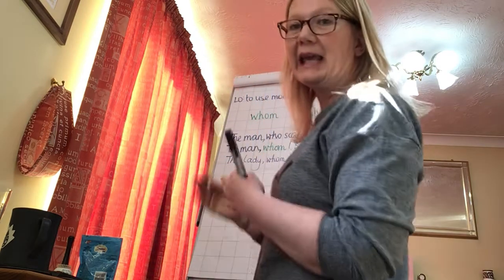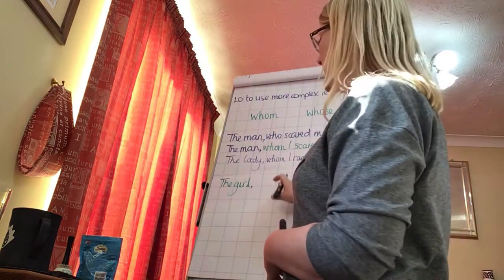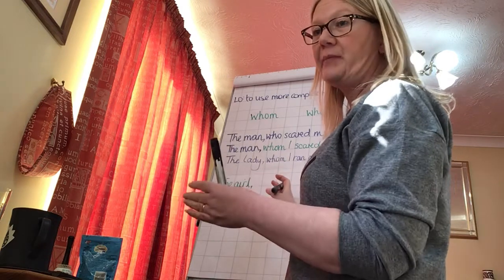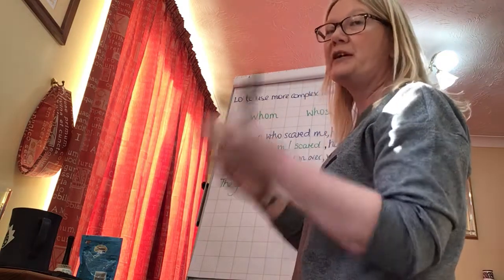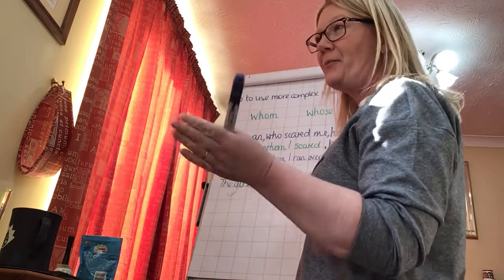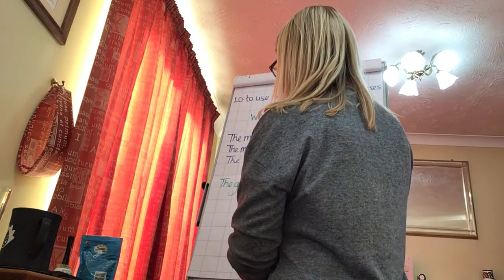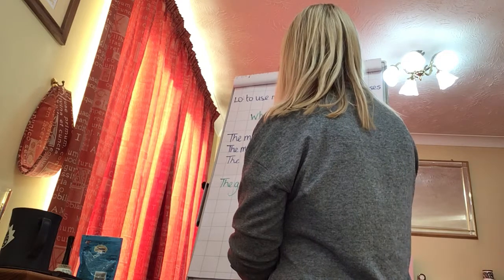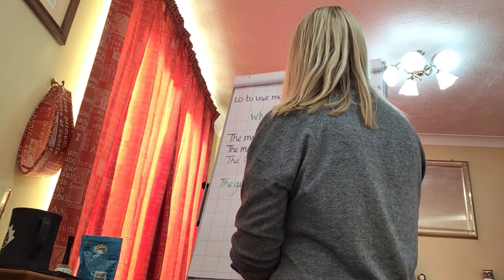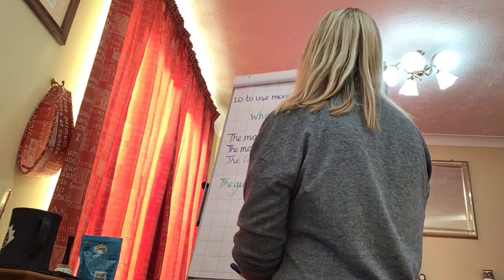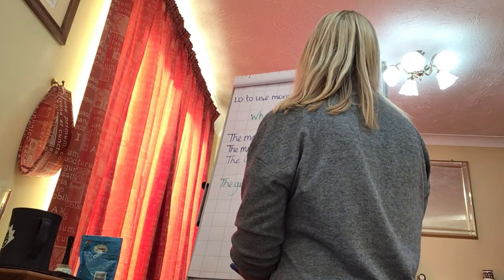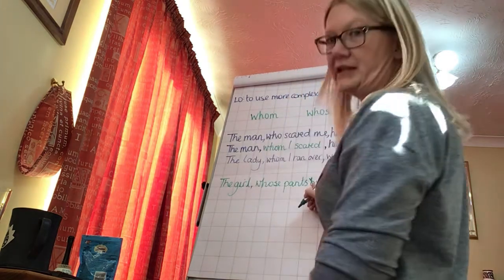So the girl, again, I'm using commas because it is a subordinate clause. I am separating it out. Relative clauses are a type of subordinate clause. Our main clause still makes sense without it. The girl. Even teachers make mistakes.